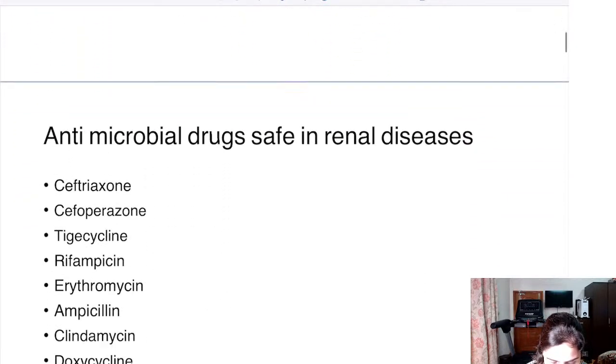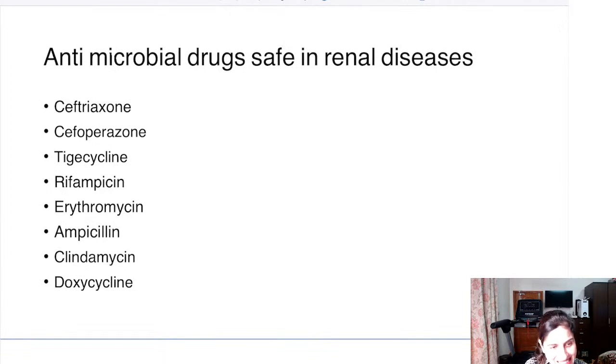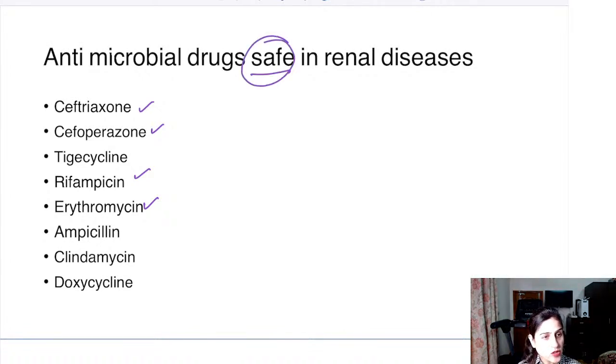Here is a list of antimicrobial drugs which are safe in renal failure: ceftriaxone, cefoperazone, tigecycline, rifampicin, erythromycin. These are safer in renal failure.